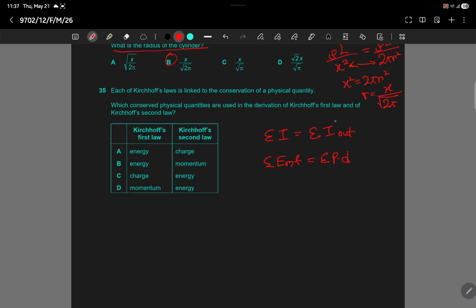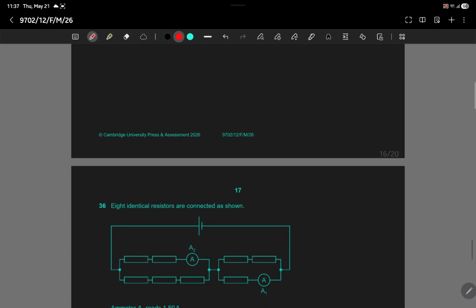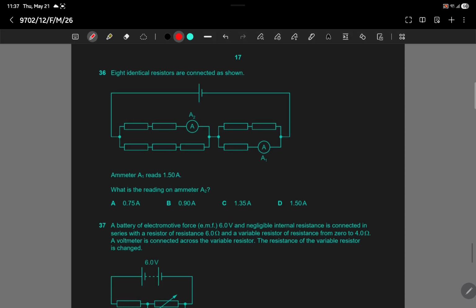So the first law is conservation of charge. The second law is conservation of energy. Hence it will be, let's see.